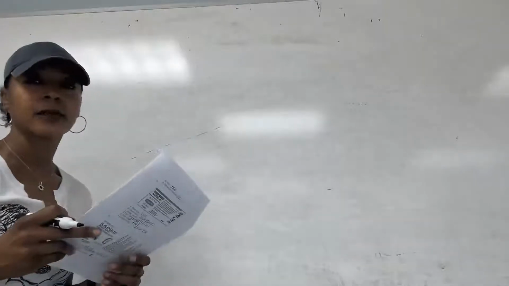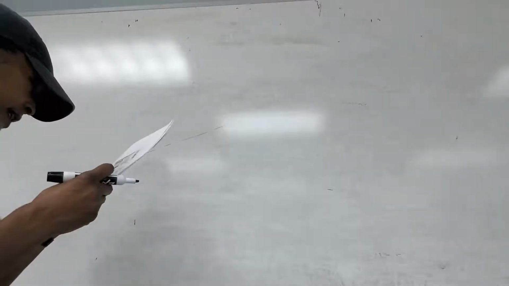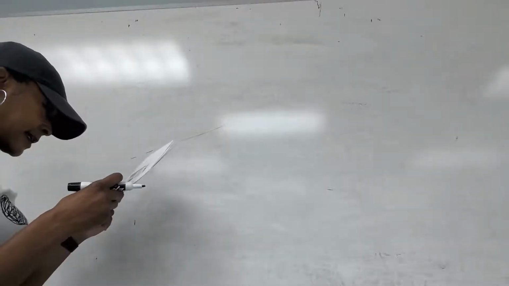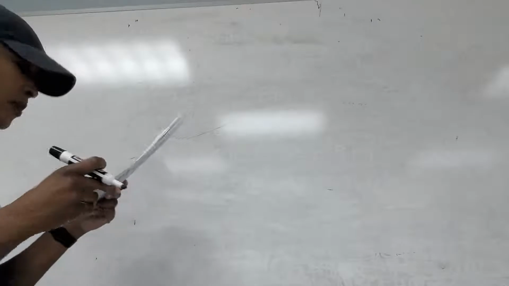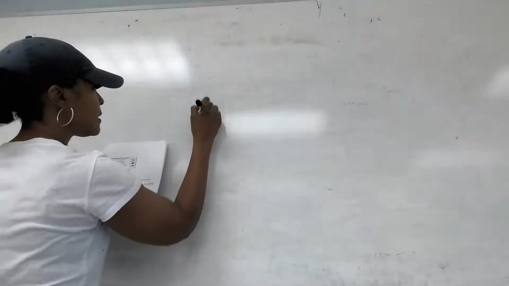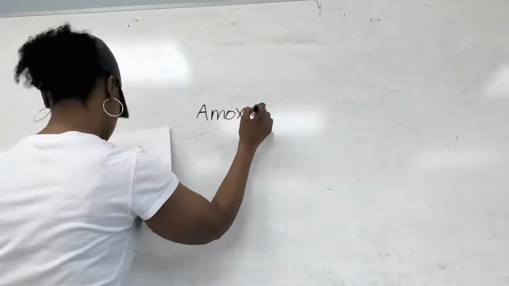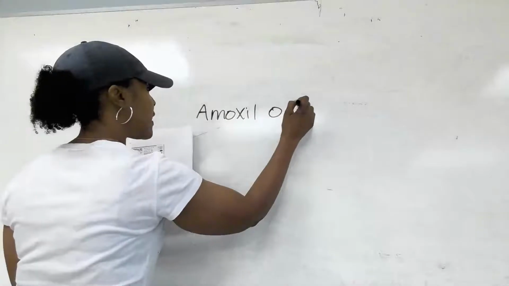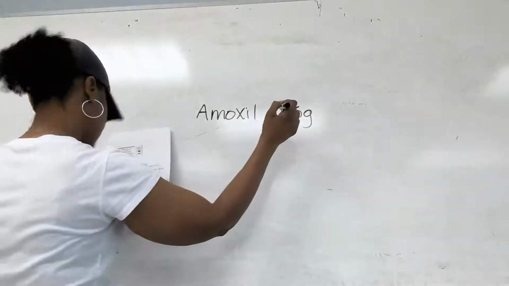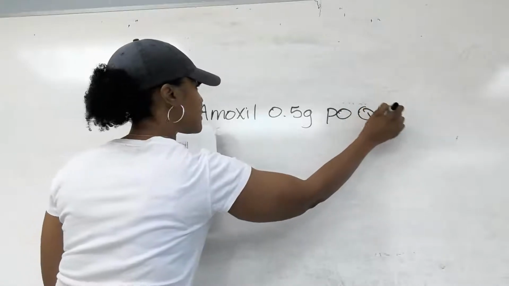All right, so we're on to number 17. Round to the nearest tenth unless otherwise indicated. And we don't have to use ratio proportion for this, okay? So for number 17, the order is for Amoxicillin, 0.5 grams, PO, every 6 hours.